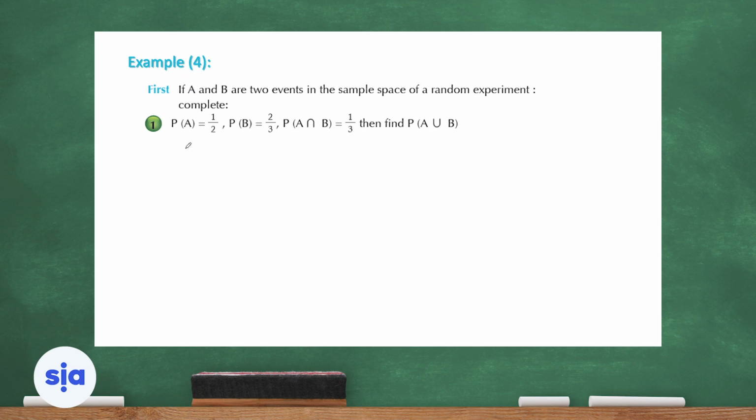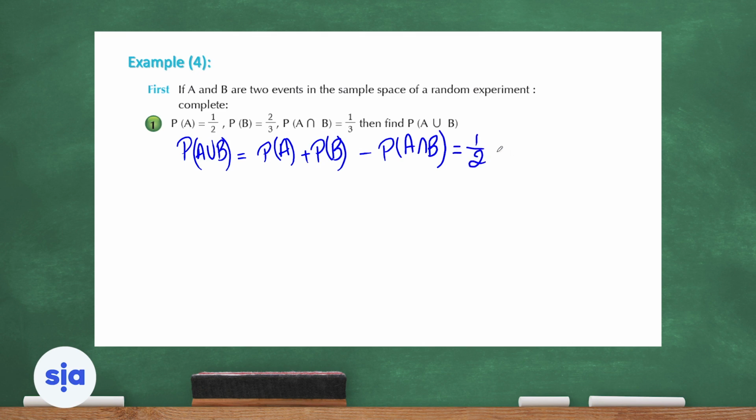You know that very well, that the probability of A union B is equal to the probability of A plus the probability of B minus the probability of the intersection between A and B. So this is equal to half plus 2/3 minus 1/3, which is equal to 5 over 6.